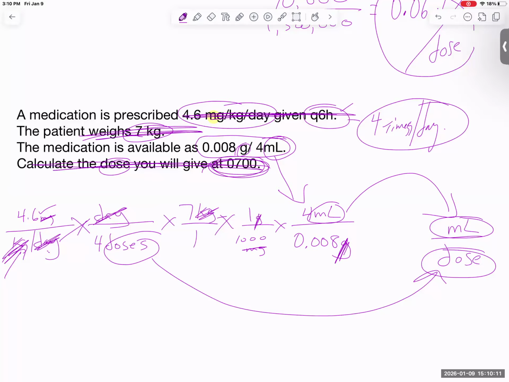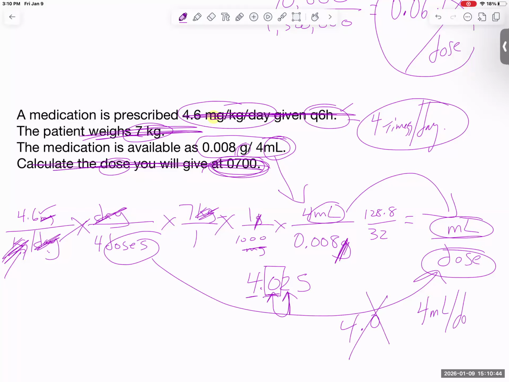The math across the top, 128.8, and then 32. And then when you divide, it'll give you 4.025. I round to the tenths, so I look to the right. 2 is not 5 and up, so I do not round this up. But I can't write 4.0 because that could be mistaken for 40. So it is 4 milliliters per dose with a smiley face.